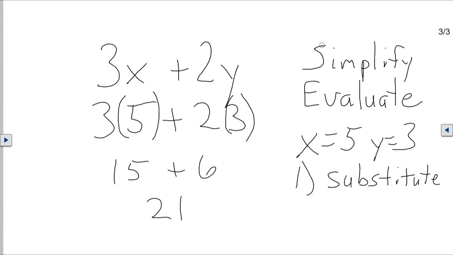This is an expression. It doesn't involve an equal sign. We still have that idea of funneling, following our order of operations. We just add in the idea that we have to substitute in values for variables. And once we have it as a numeric expression, meaning only numbers in there, we just follow our order of operations and we simplify.